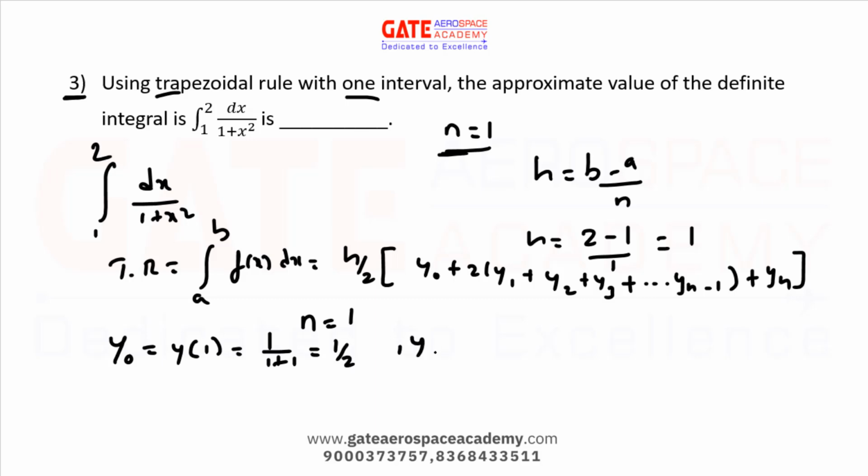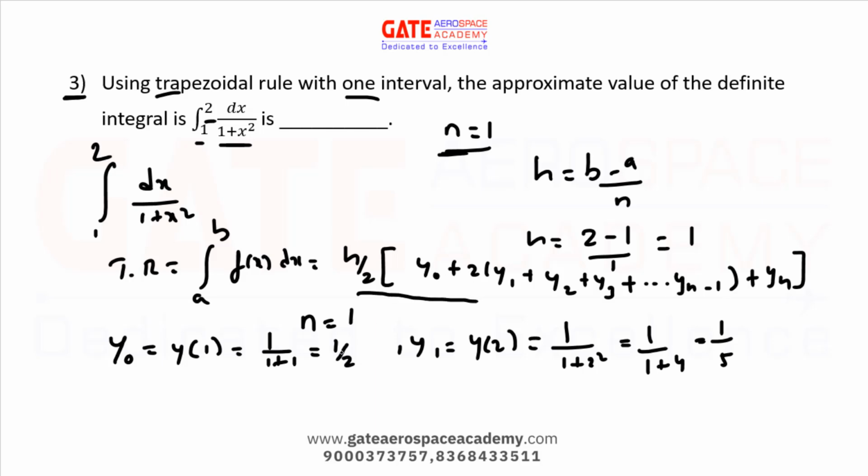Okay. And what is y1? Y1 is nothing but y of 2, right? We have 1 and 2. Okay. So this is equal to 1 by 1 plus 2 square. Here function is 1 by 1 plus x square, right? So this is equal to 1 by 1 plus 4, which is equal to 1 by 5. Now, when I take n equal to 1, you can clearly see that this formula will reduce to trapezoidal rule equal to h by 2.